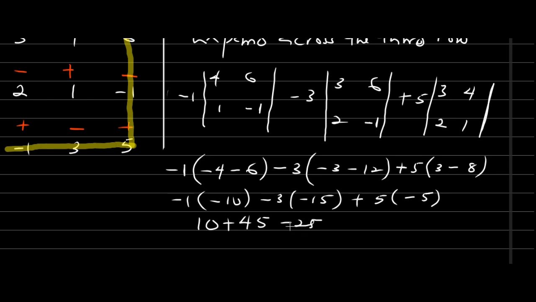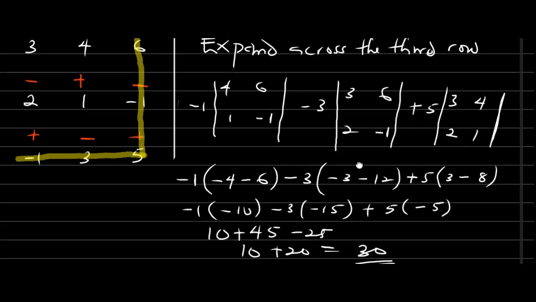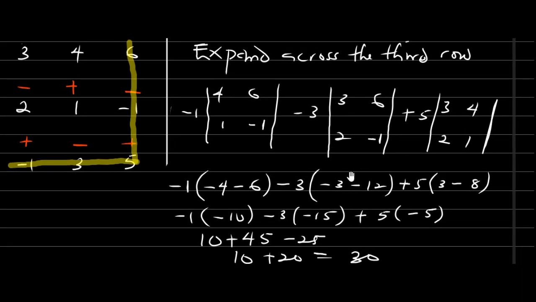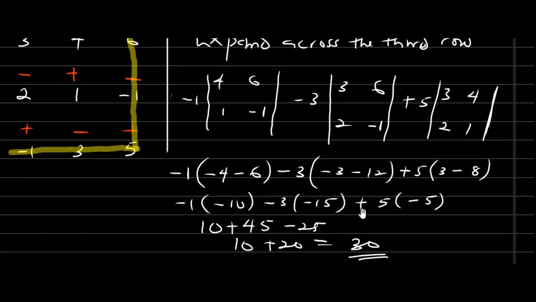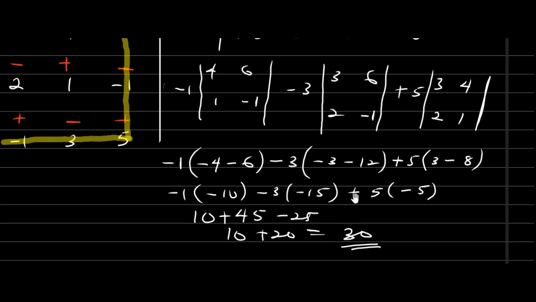So 45 minus 25 will give us 20. That is 10 plus 20, we have 30. So we have been able to see that if you expand across the first, second, or third row, you are going to arrive at the same answer.